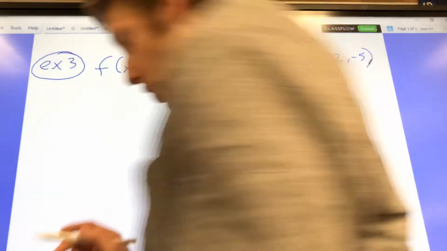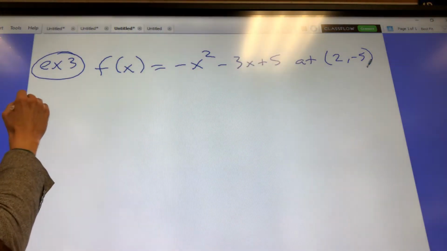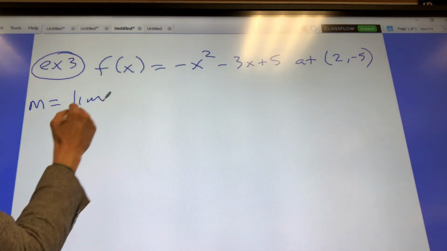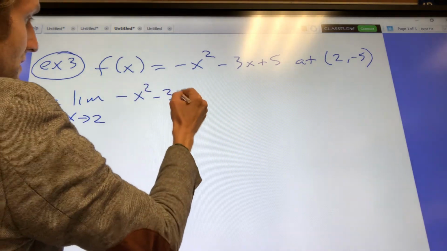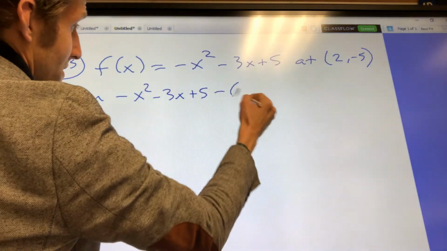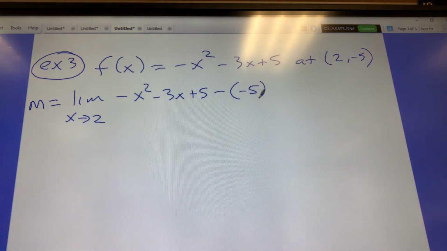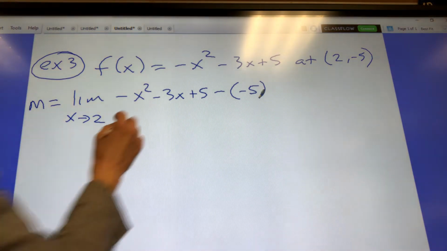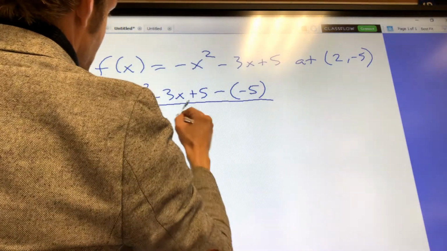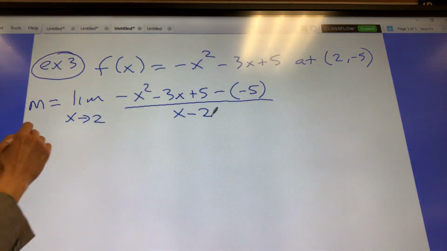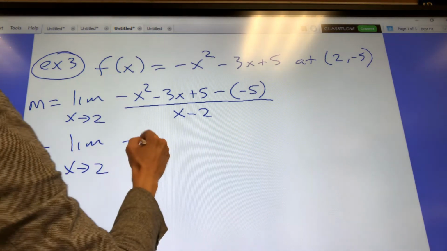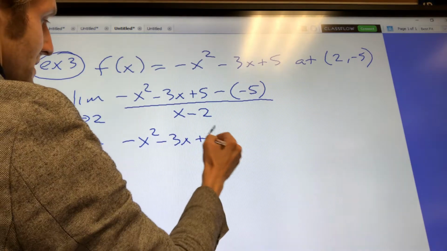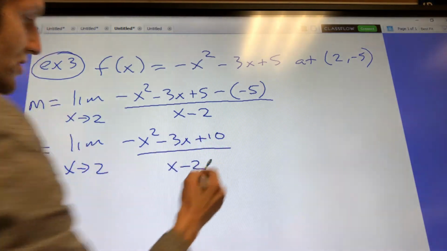All right. So the slope is the limit as x goes to 2 of f of x minus f of a, divided by x minus a. So we got negative x squared minus 3x plus 10 all over x minus 2.